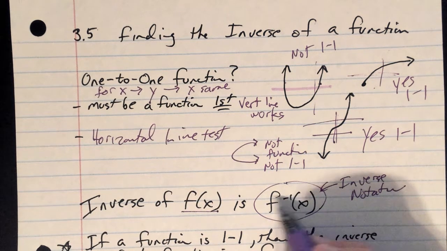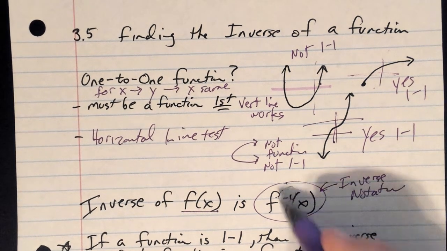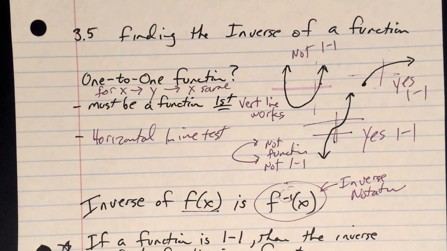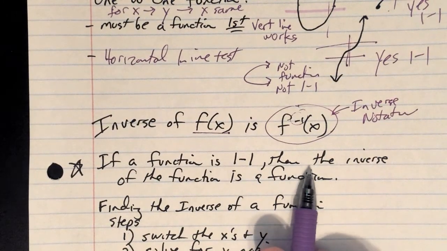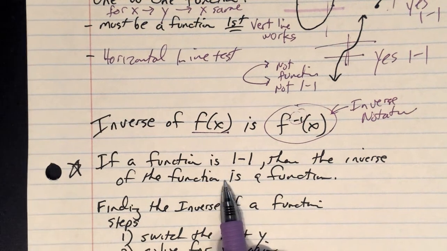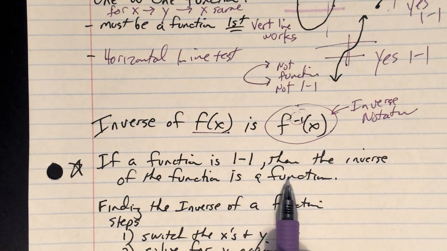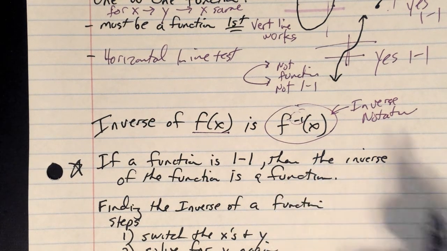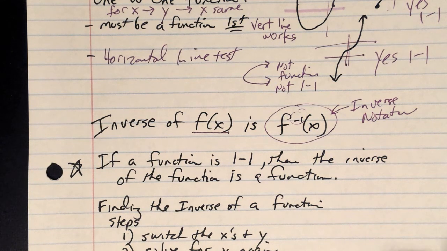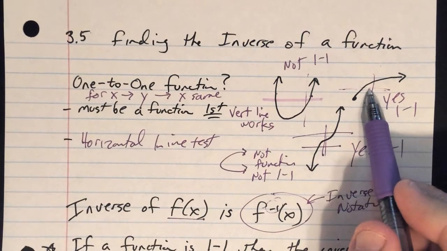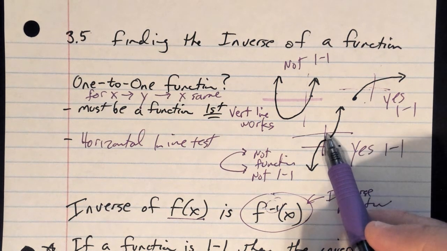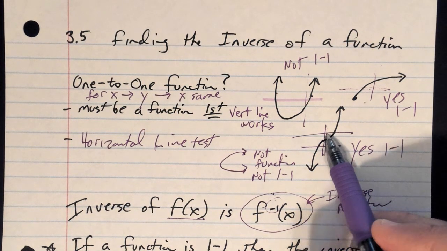It's not really an exponent, it's just a symbol, but it says that the inverse is a function. So if a function is one-to-one, then the inverse of the function is also a function. So if I know a function is one-to-one, like one of these, when I find its inverse, it's going to be a function.